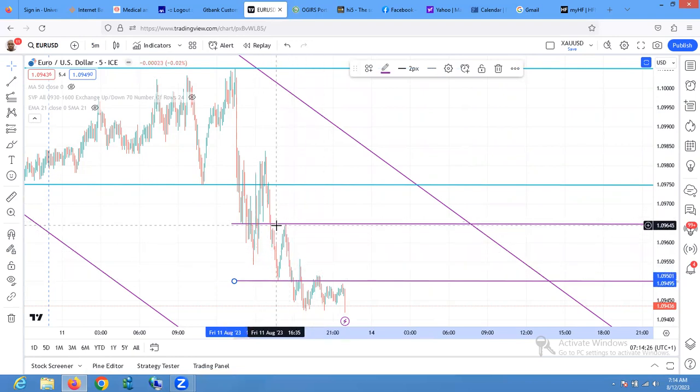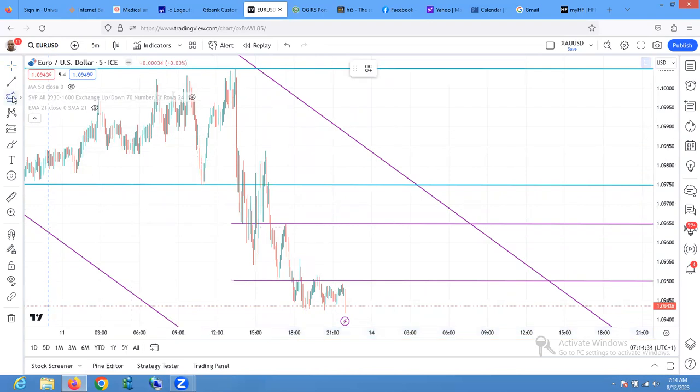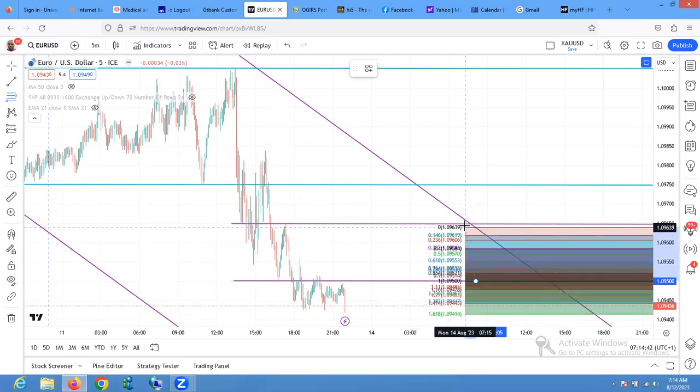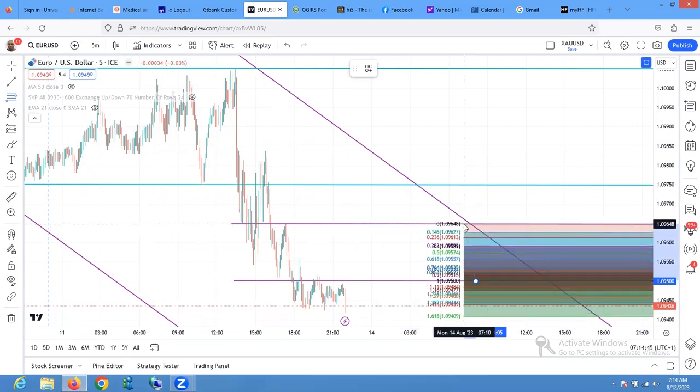Now, is this part of this move? How do we look at that? If it goes beyond the structure and we grow below 161.8, then it is not part of the structures that we're going to take into consideration.